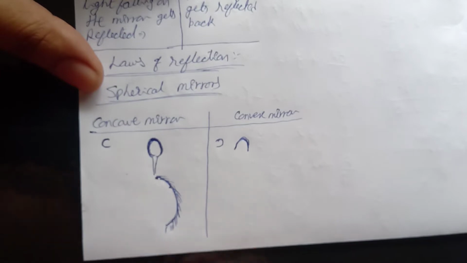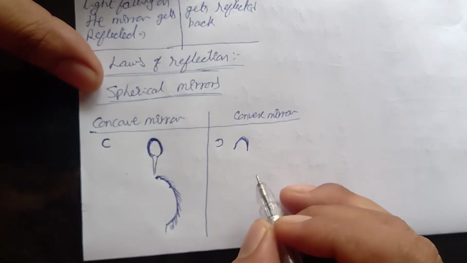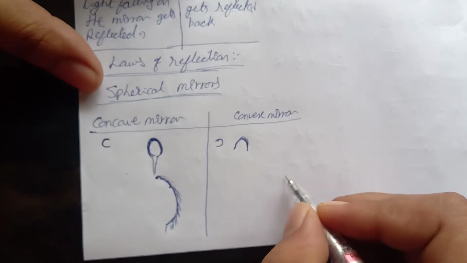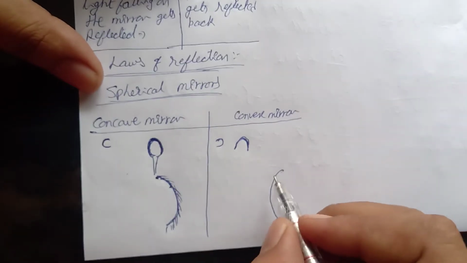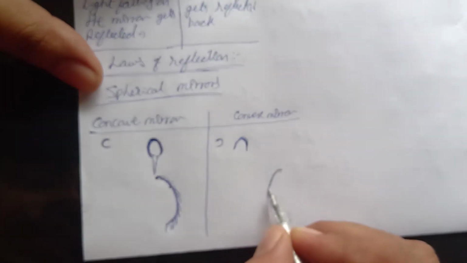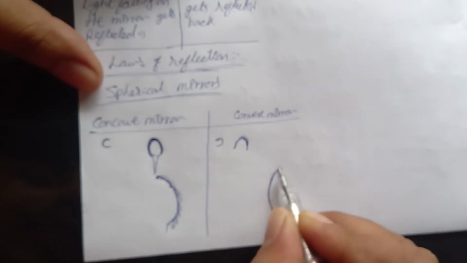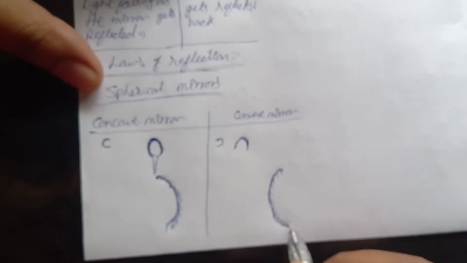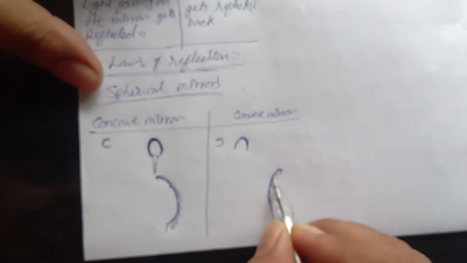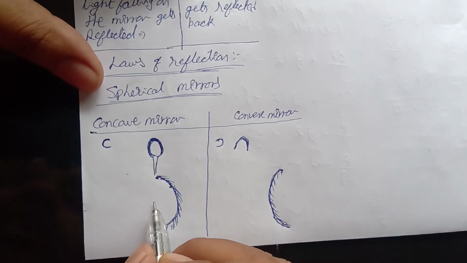So this is a concave mirror. Whereas in a convex mirror it is just the opposite: the bulge shape is your reflecting area, and the inside of that mirror is coated or lined with some chemical.